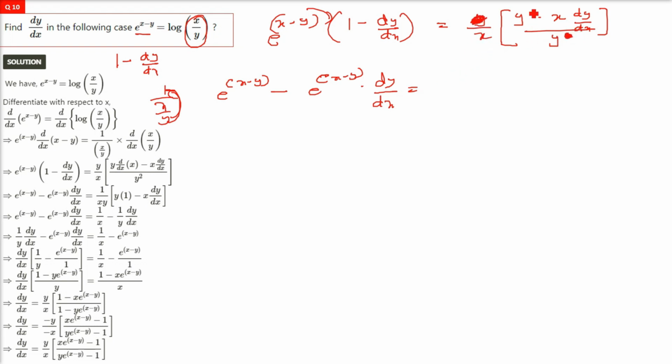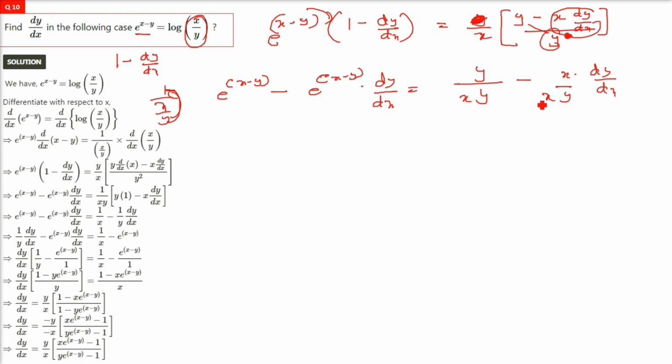One y you can cancel. This you get y by y into x. This is first. 1 y I've already eliminated. Then you have x dy by dx, y is already there in the denominator, and x, this one, x dy by dx divided by y.